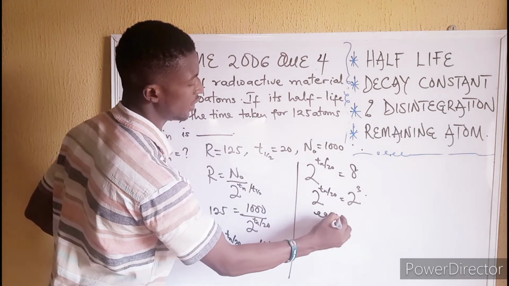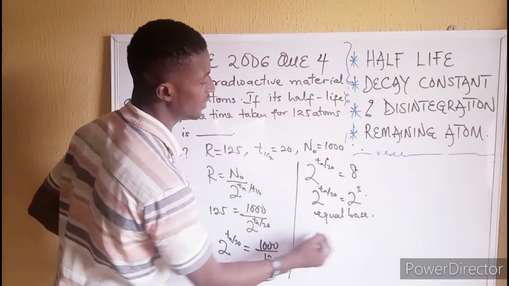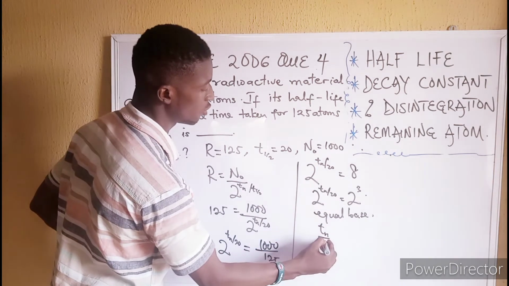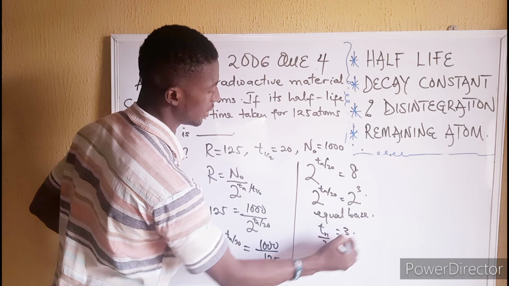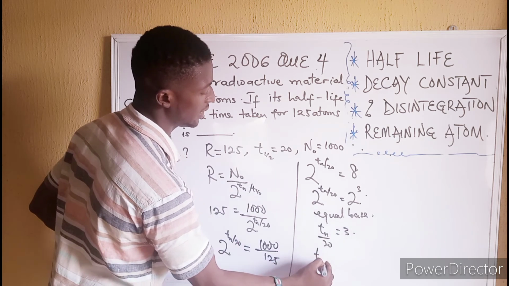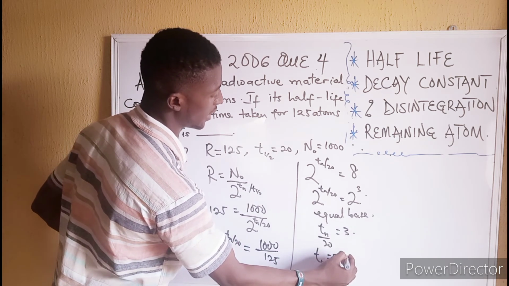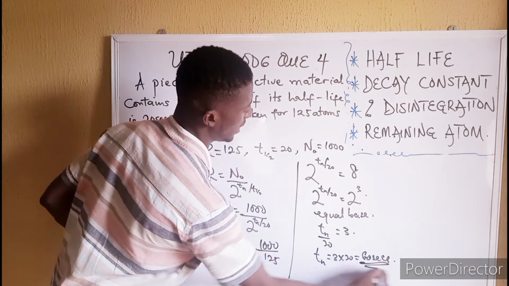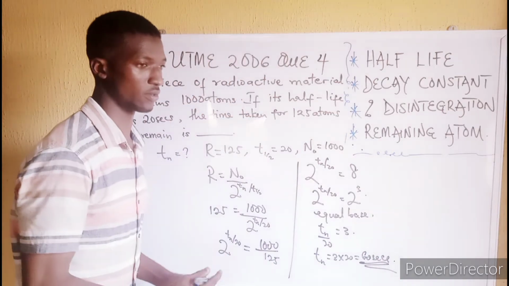We can take this to be equal base, and if this is equal base, Tn over 20 is equal to 3. From here Tn is equal to 3 times 20, and that is 60 seconds. So our answer is 60 seconds.